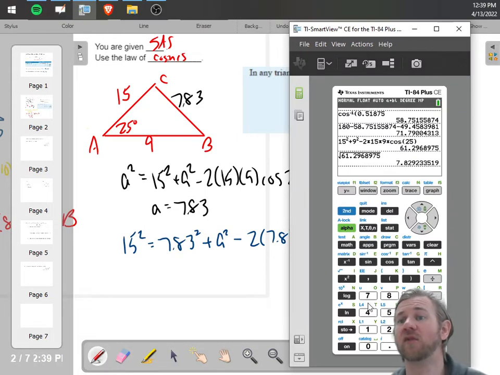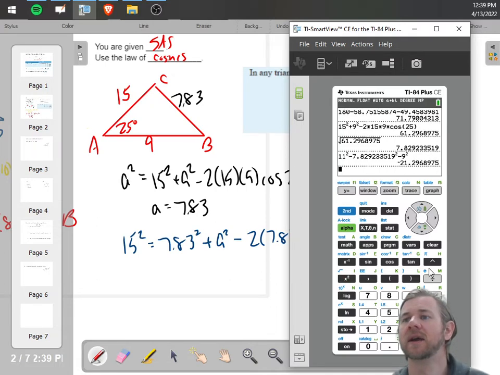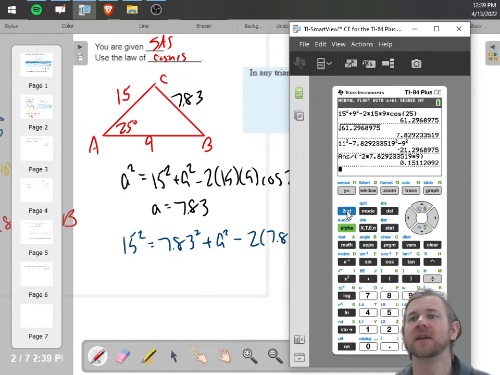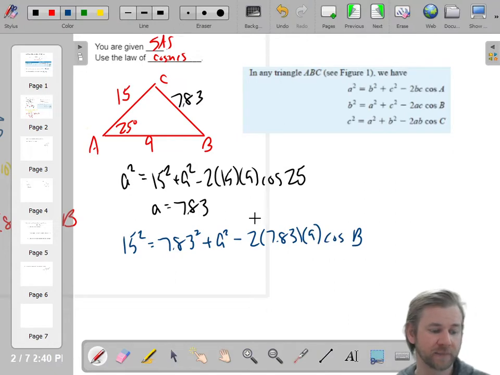So this is like what I did before. 15 squared minus that whole thing squared minus 9 squared, and then divide by negative 2 times, I'm going to go get that decimal again, 7.8 times 9. That's the cosine, so inverse cosine will get you 81.3. Wait, let me try that again.